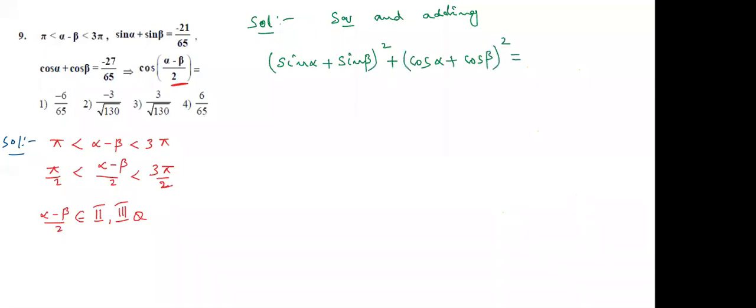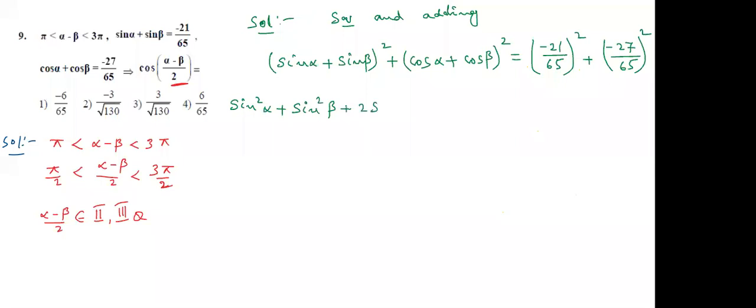Now go to the right hand side. Minus 21 divided by 65 whole square plus minus 27 divided by 65 whole square. Now here expand first term a plus b whole square form, sin square alpha plus sin square beta plus 2 sin alpha sin beta.